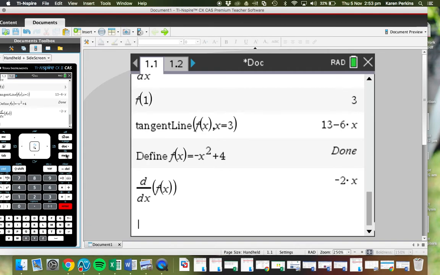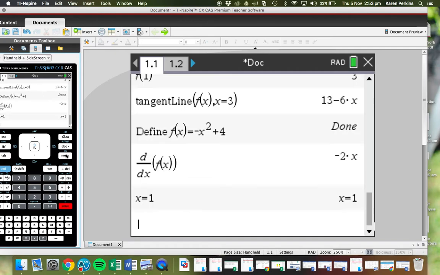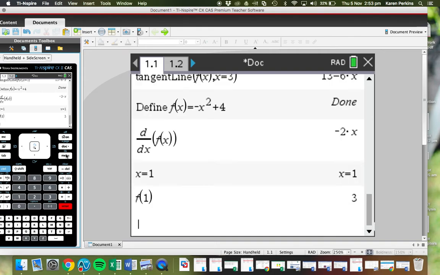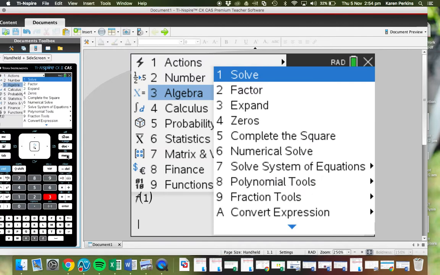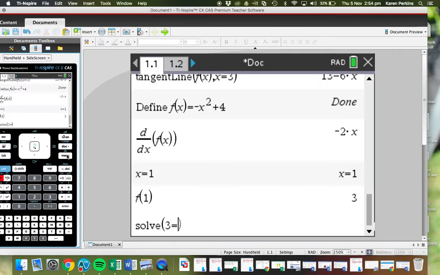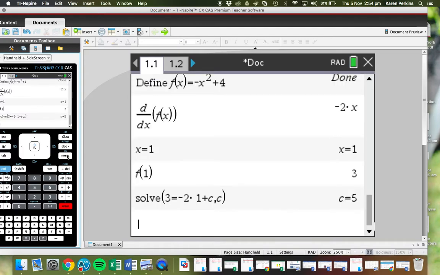So we know that the gradient of this curve, or dy dx, is going to be minus 2 when x equals 1. When x equals 1, what is y? Well, for the original, if we put 1 in, we get that y is 3. So I'm going to solve y equals minus 2 times 1 plus c for c, and c equals 5, option E.